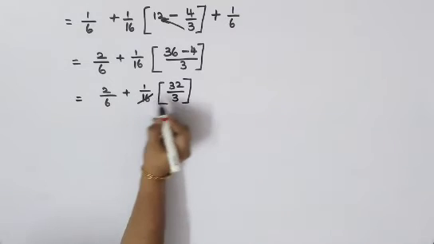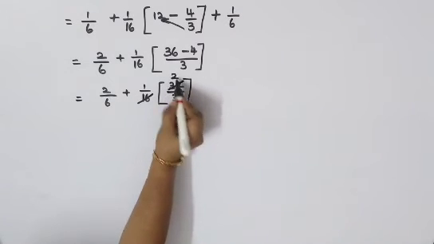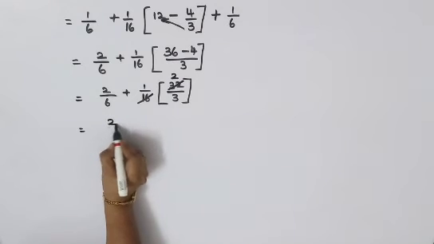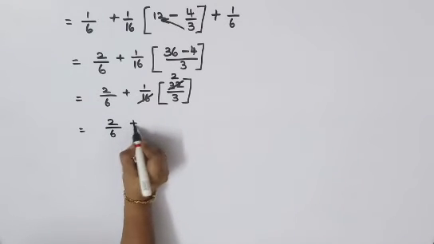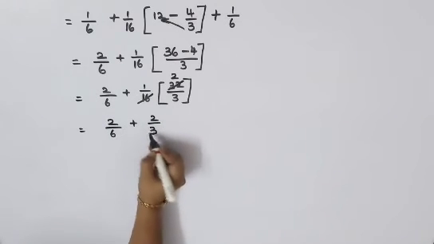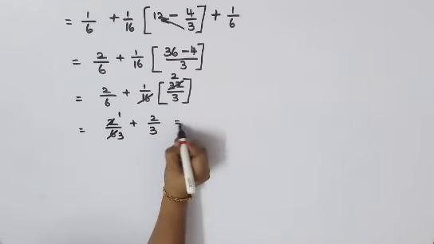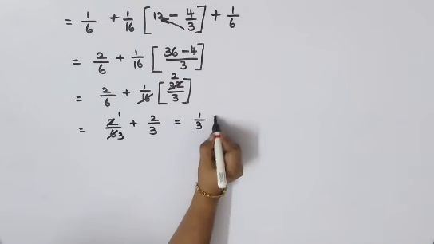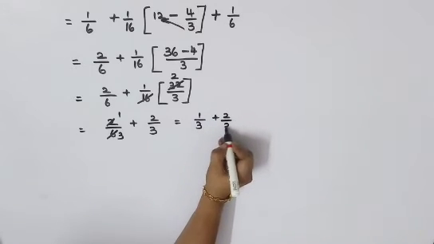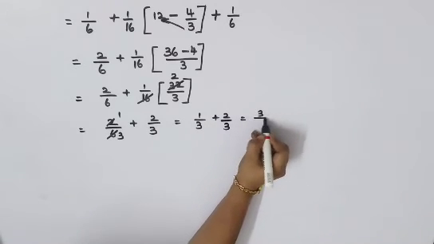The 16 and 32 will go twice. So it is equal to 2 by 6 plus 2 by 3. You can cancel this. 1 by 3 you will get, which is equal to 1 by 3 plus 2 by 3. That is equal to 3 by 3. Cancel this and this.